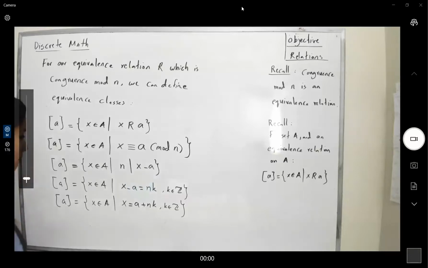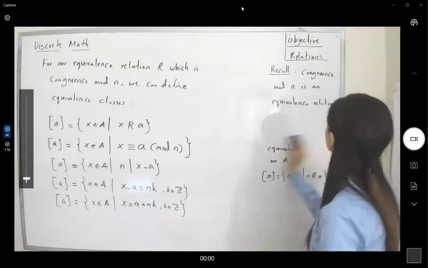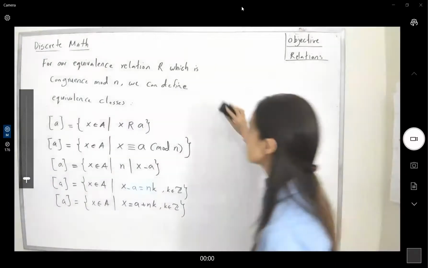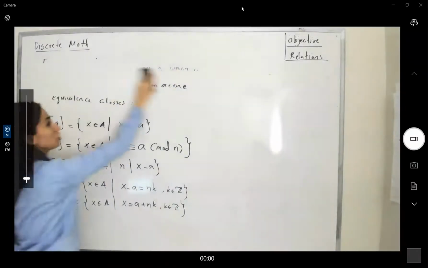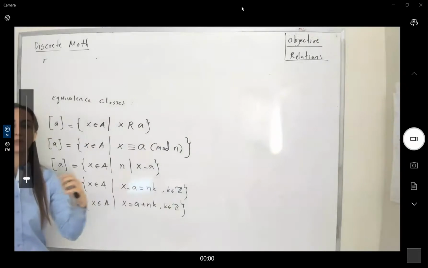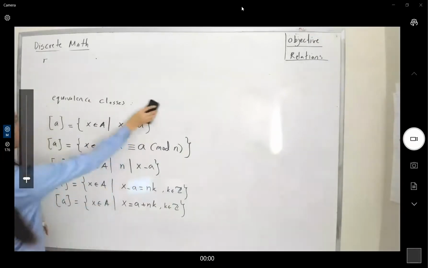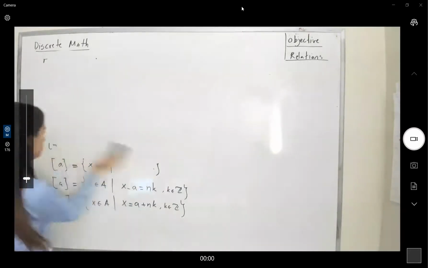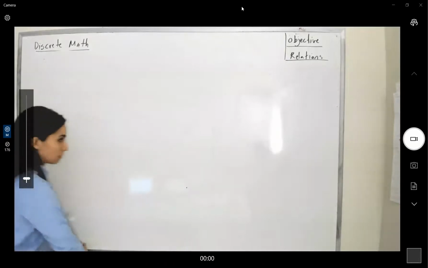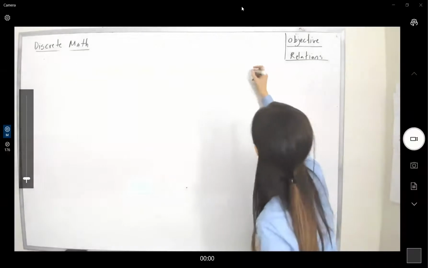Very well. So let's write this down here. We're going to have another definition. We're interested in creating a new set, and we try to define some operations on that new set. So what we learned so far, let's write them step by step. We learned that we have an equivalence relation.